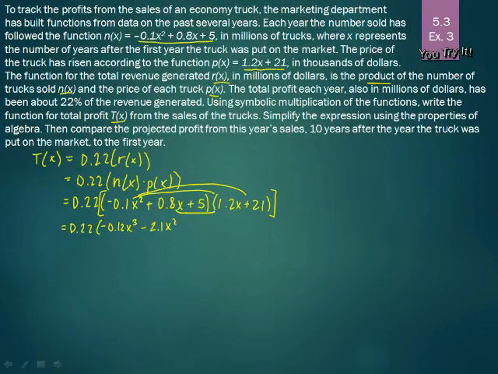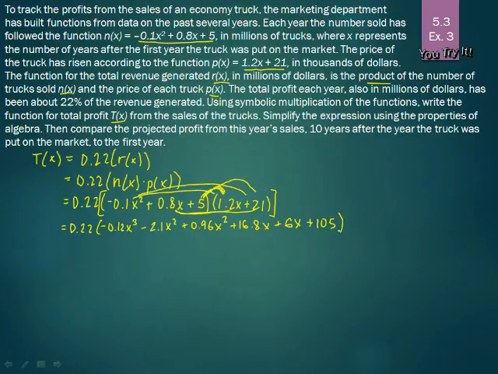Then 8/10 x times 1 and 2/10 x is 96 hundredths x squared, since it's x times x. 8/10 x times 21 gives 16 and 8/10 x. Lastly, 5 times 1 and 2/10 gives 6x, and 5 times 21 gives 105.